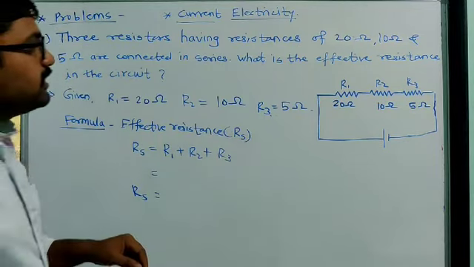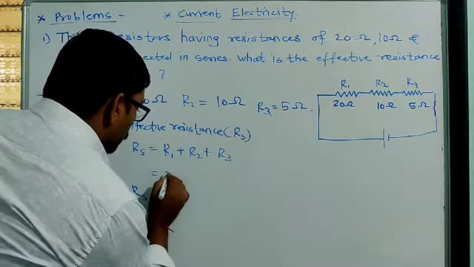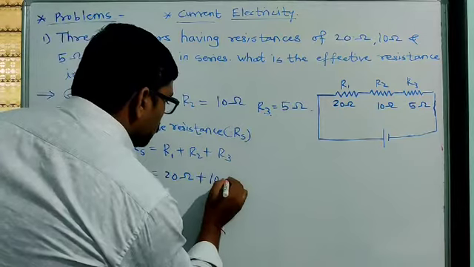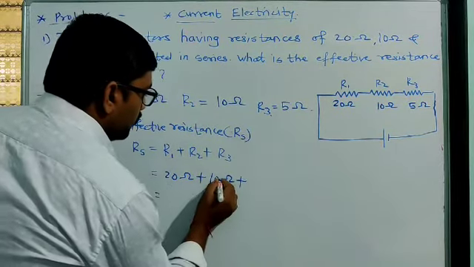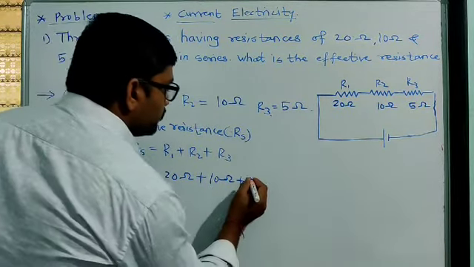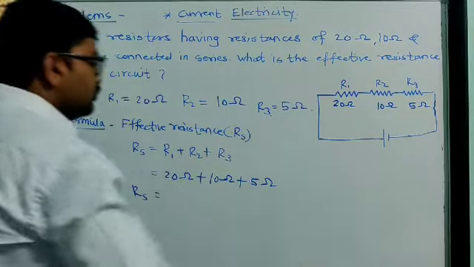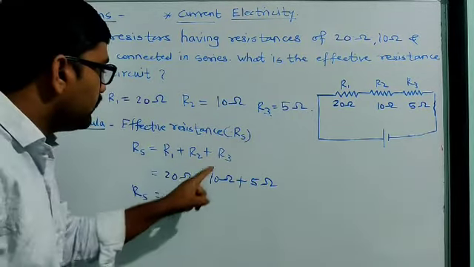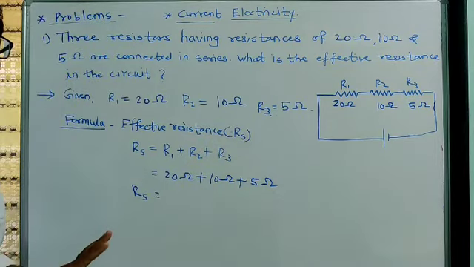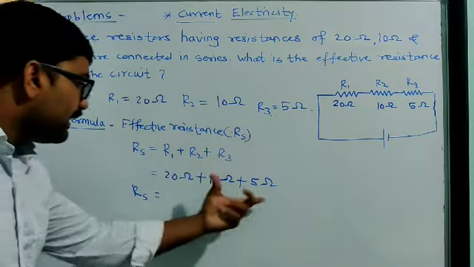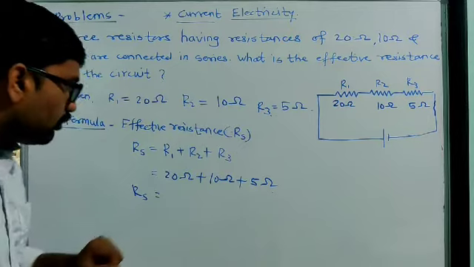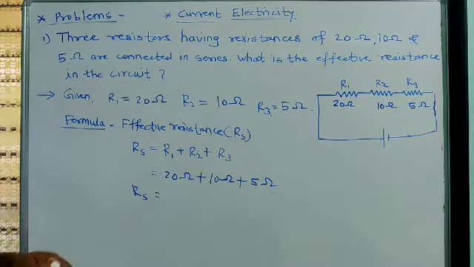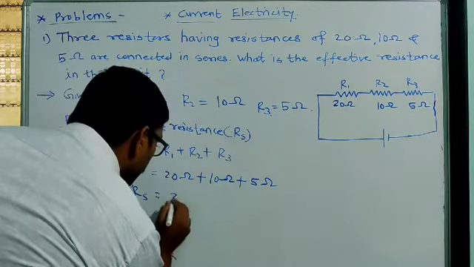Here we take only the addition of all the resistors connected in series. R1 is 20 ohm, R2 is 10 ohm, and R3 is 5 ohm. If we add, 10 ohm plus 20 ohm is 30 ohm, and 30 ohm plus 5 ohm is 35 ohm.